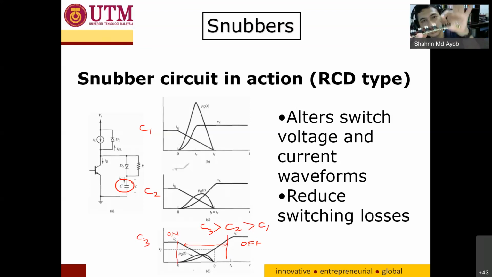We have transistors that integrate a snubber circuit, but the shape is quite different from this. It looks like a block, because they integrated the circuit already inside those transistors.